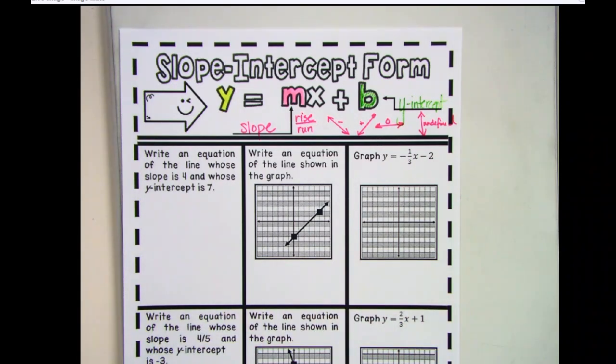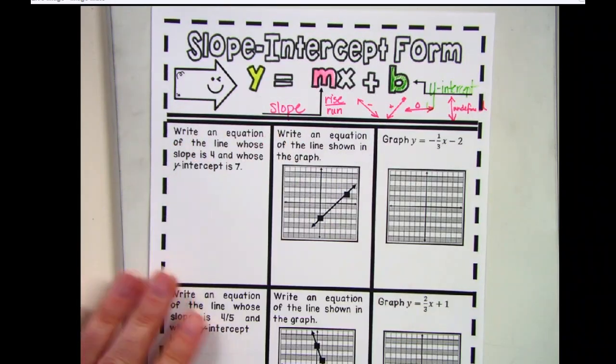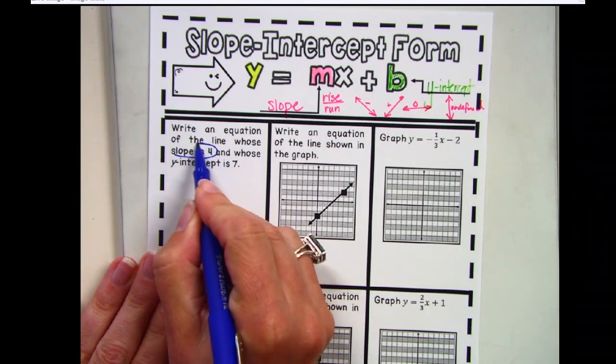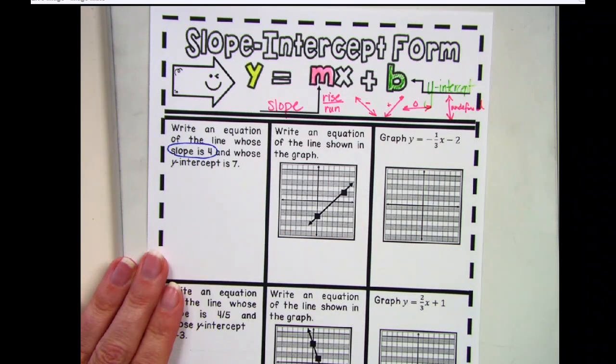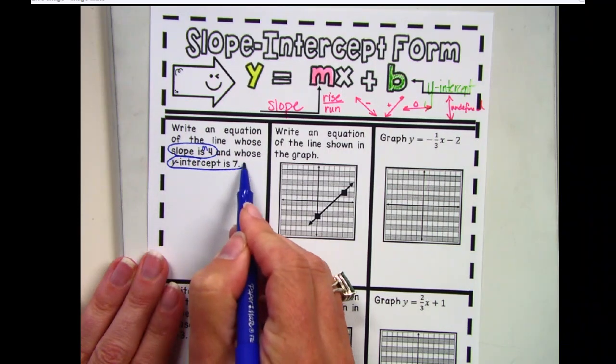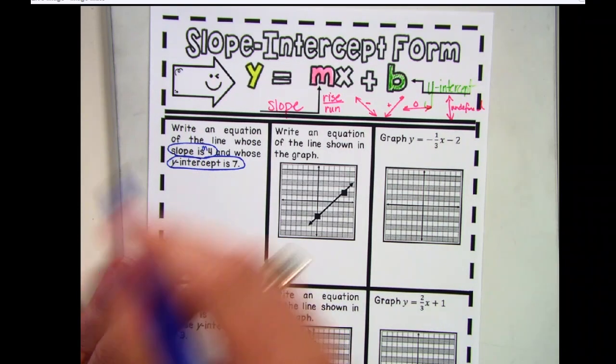the battle, right? Now all words right here, write an equation of a line, and it tells me the slope is 4. What's the letter we use for slope? M. And the y-intercept is 7. What letter do we use for y-intercept?